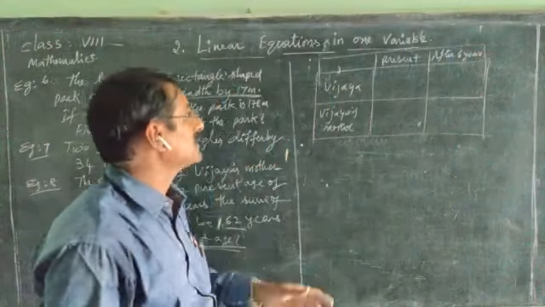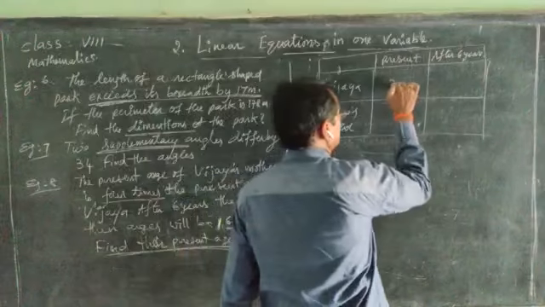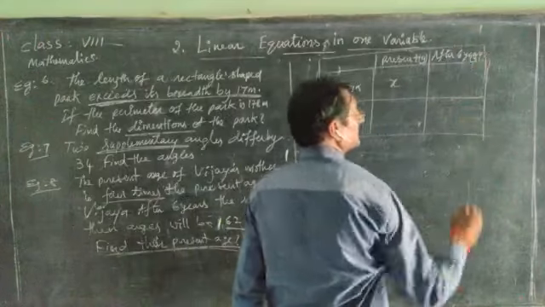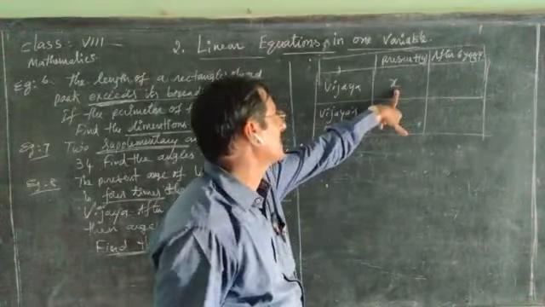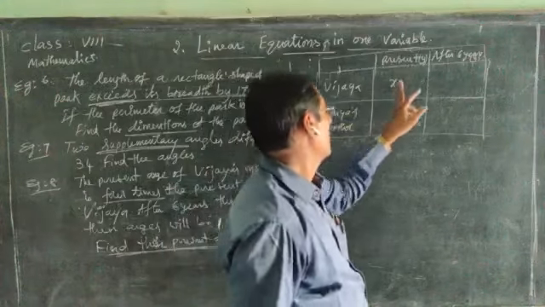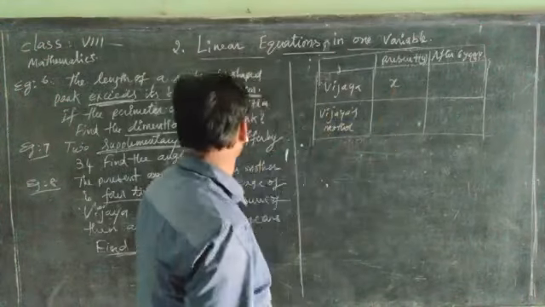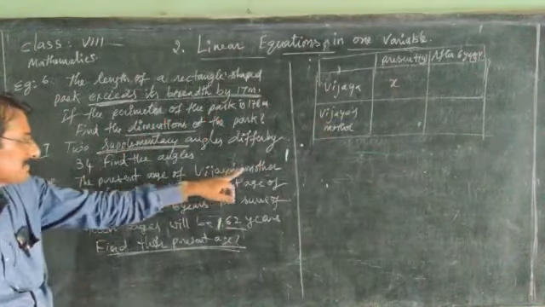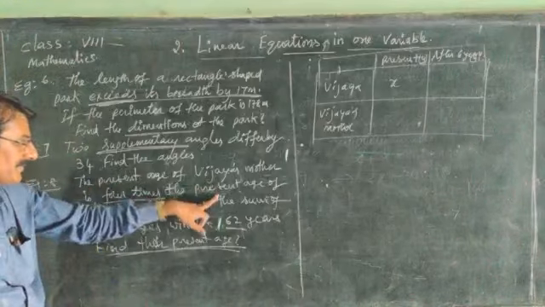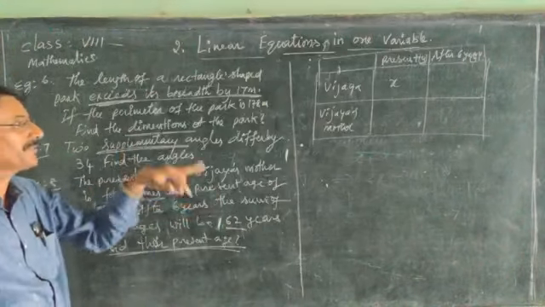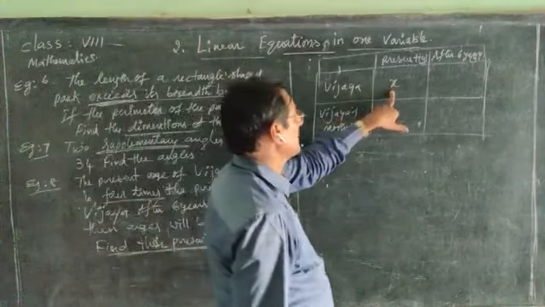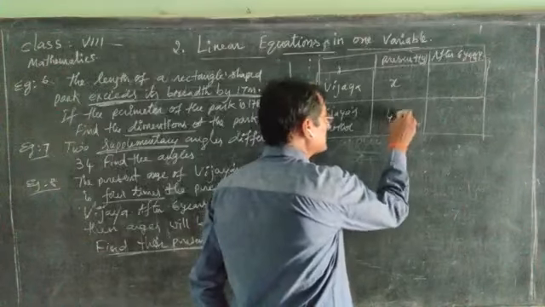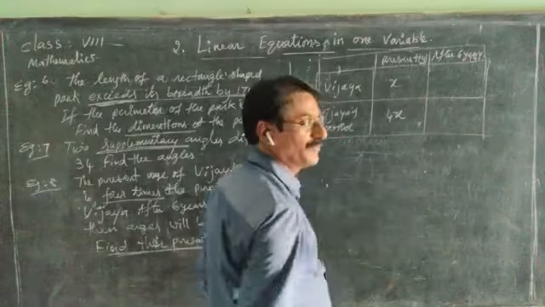Let the present age of Vijaya be x, both in years. As per this, the present age of Vijaya's mother is 4 times that of Vijaya. Present age of Vijaya equals how much? x. So Vijaya's mother is 4x, 4 times x.